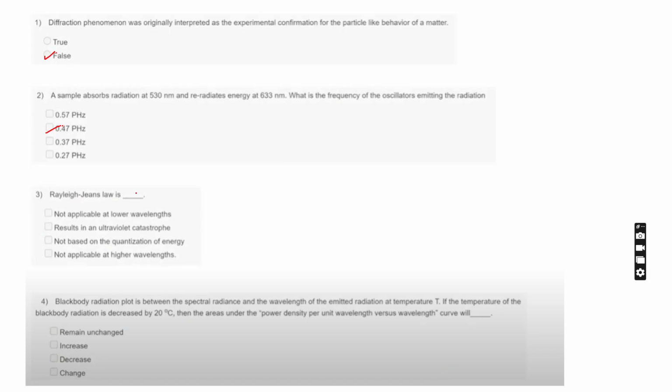The third one, Rayleigh's law is not applicable at lower wavelengths. Ma'am, the fourth one we did, right? Fourth one we did.